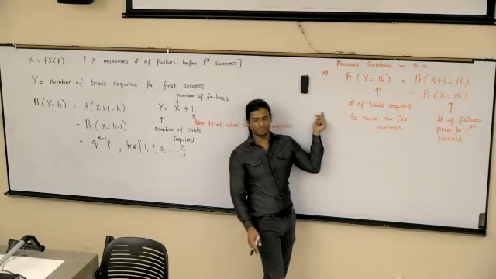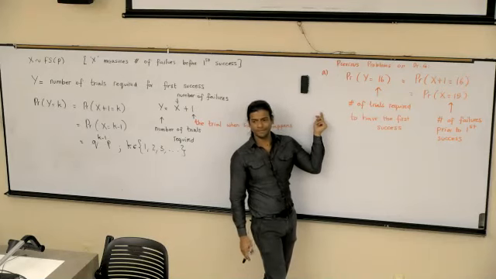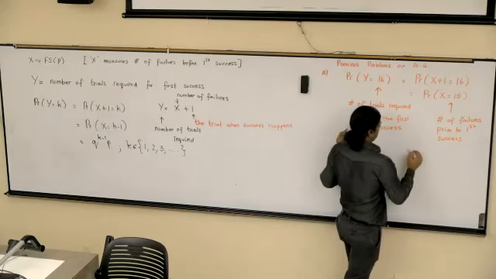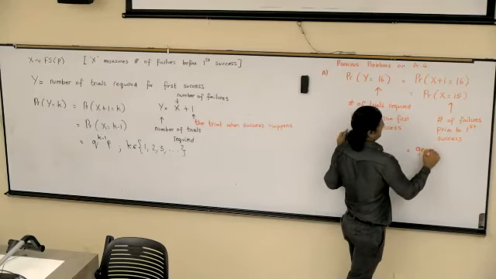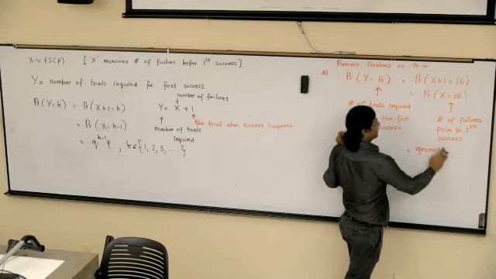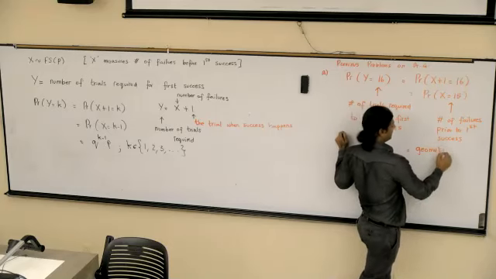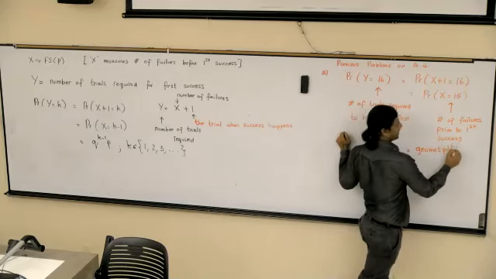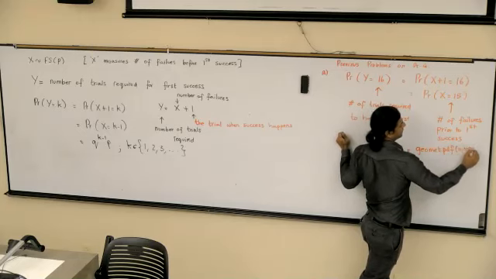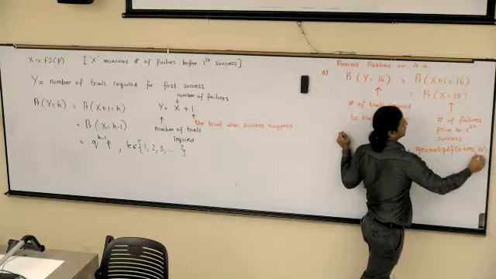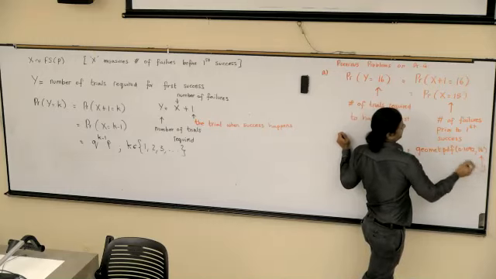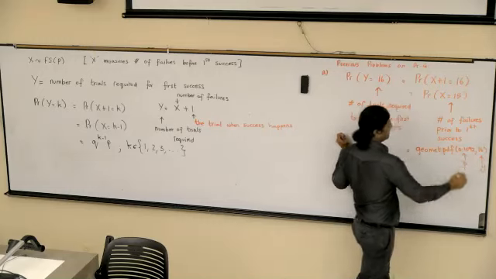Is it geometPDF(x, p)? GeometPDF. Yeah. Okay. And then 0.192. So that would be y, and that is p.